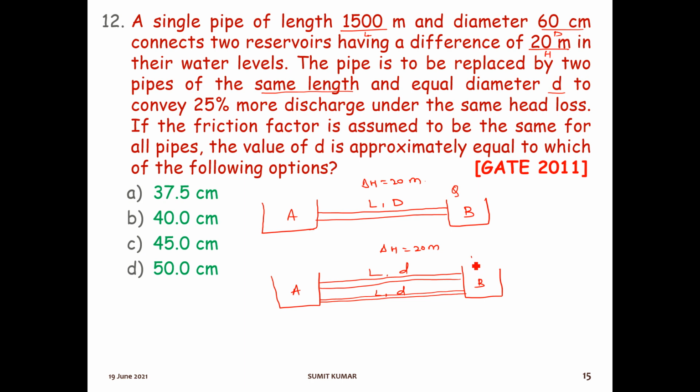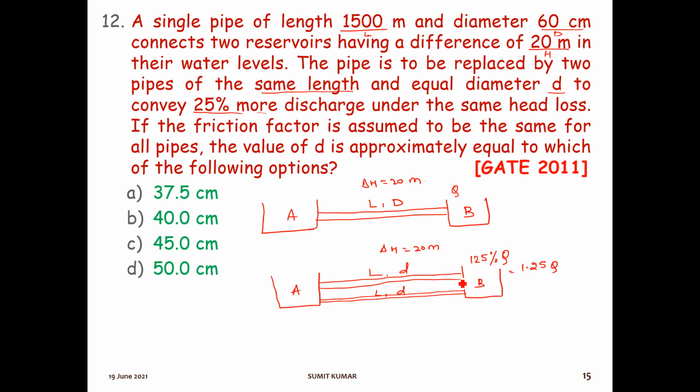Q becomes 125%, 125% Q. Here the discharge in B is 125% Q. Why? Because in this question it is written 25% more discharge. So here 125% of Q, so we can write 1.25 Q, as compared to the initial case.